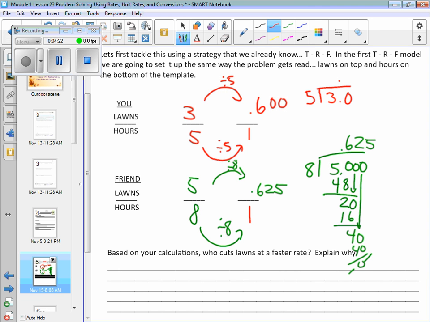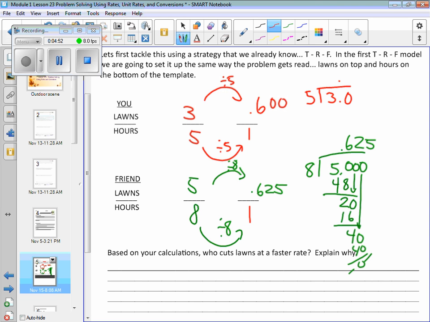Who's working at a faster rate? Literally. Why? So in essence, what I'm really asking you is, in 1 hour, who can mow more lawn? Say it again, Lil.